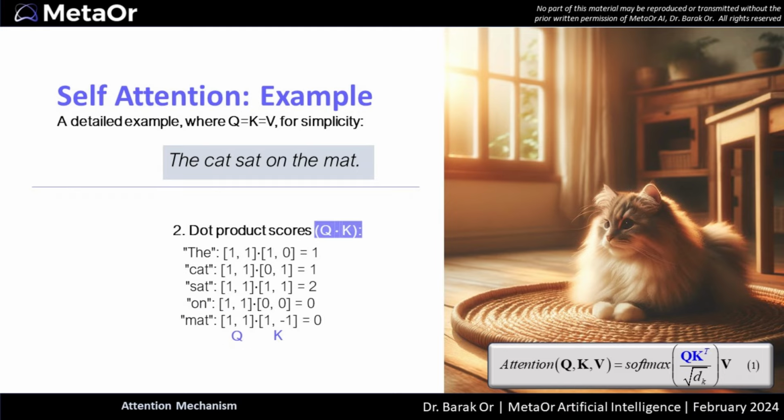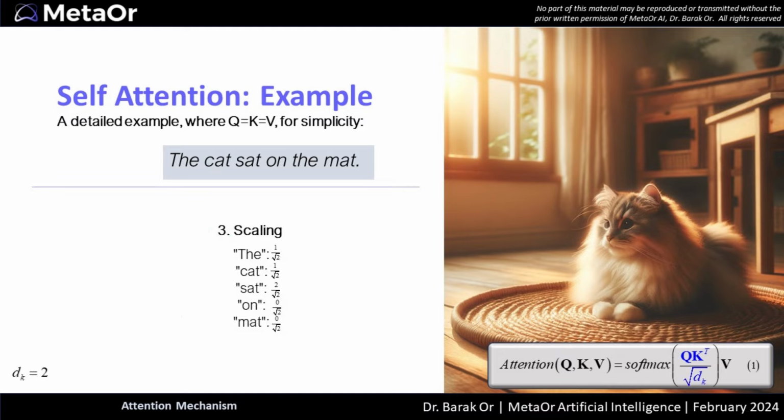As mentioned, keys are like tags for every word, indicating how relevant they might be to your focus. In our sentence, each word will have a key suggesting its relation to the concept of sitting. For simplicity, let's assume the vectors K and Q are the same. The second action to take is to calculate the dot product scores between Q and K, where our query for focusing on "sat" is [1, 1].